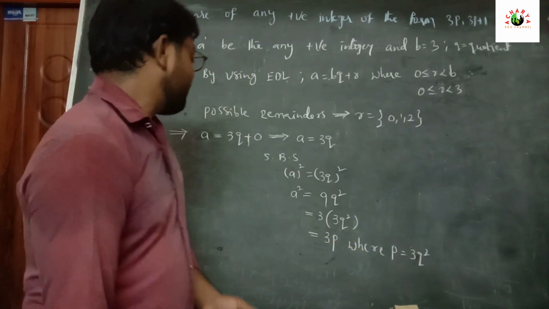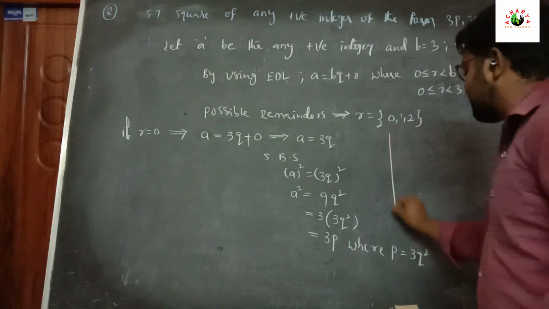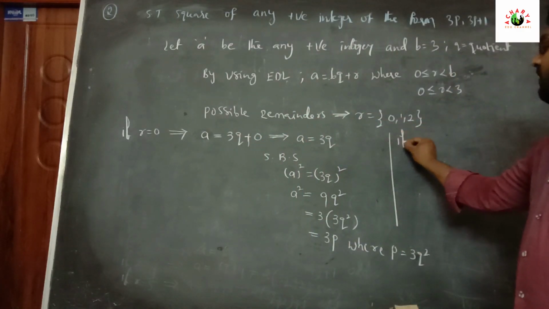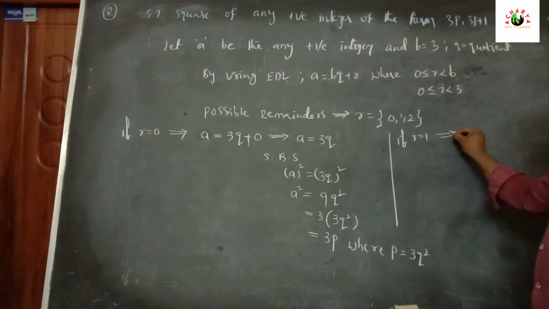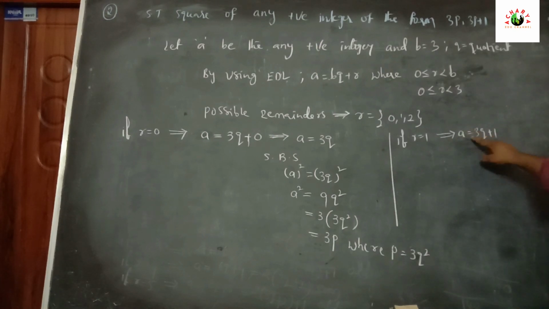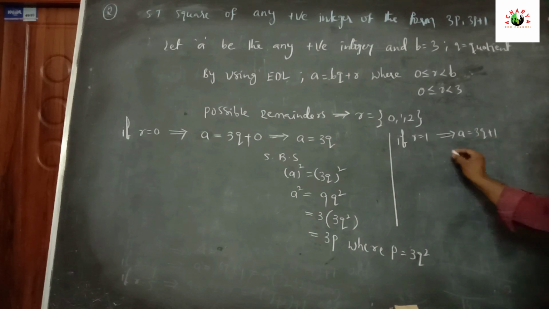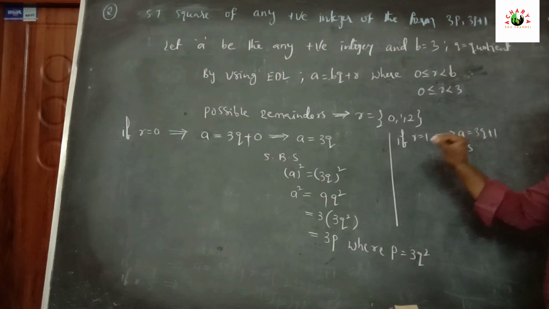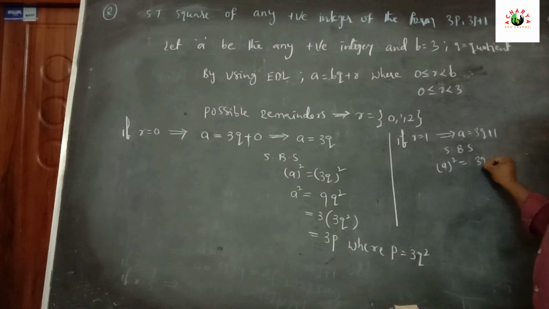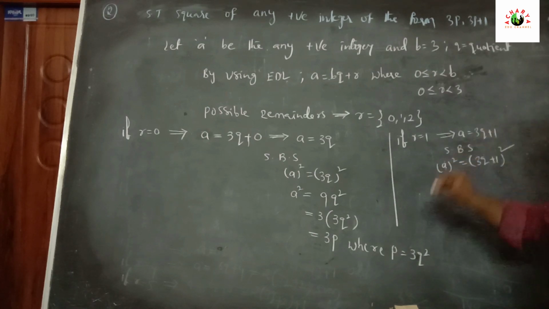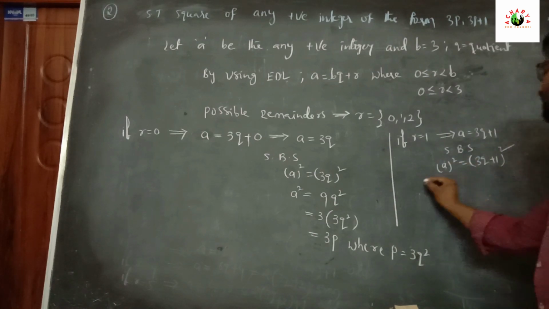Next, in the second case, if r is equal to 1, then a = 3q + 1. a = bq + r, so b value is 3, and the r value is 1. Now squaring on both sides. a² = (3q + 1)².